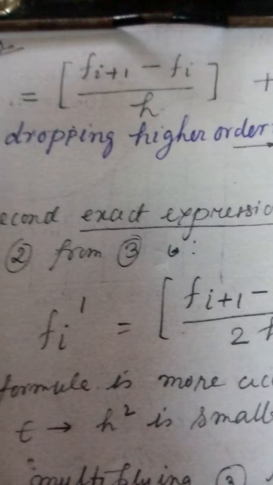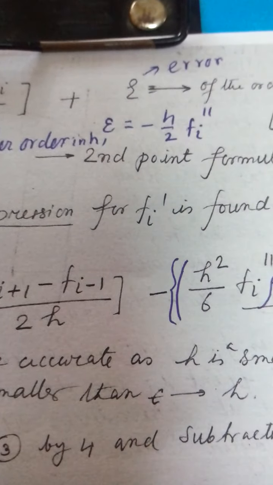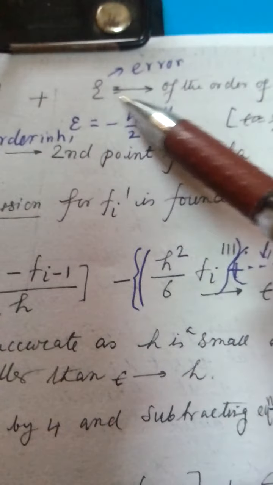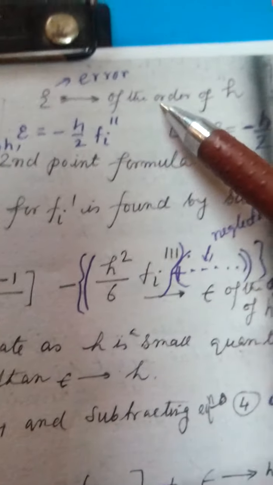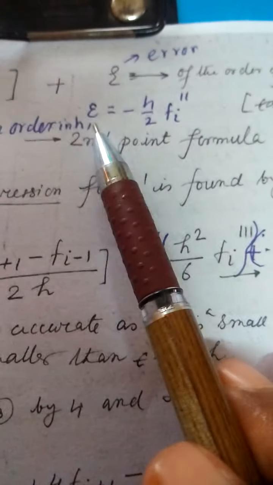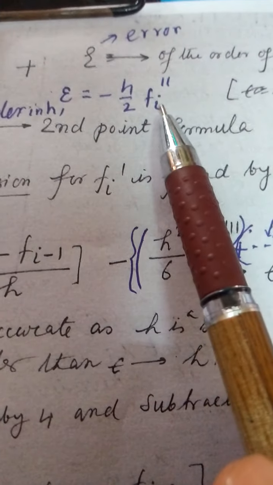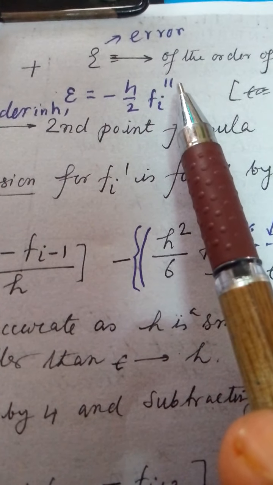Now, sorry, you just wait. Now this is the formula we have. This is the error epsilon. This is the error E of the order of h. Error is equal to minus h by 2 fi double dot.